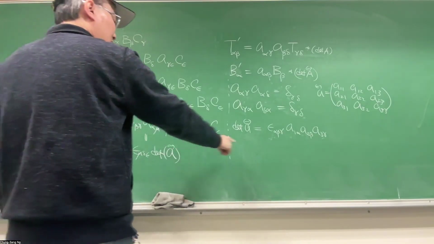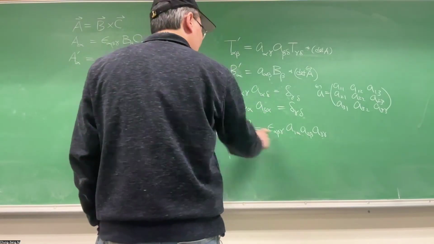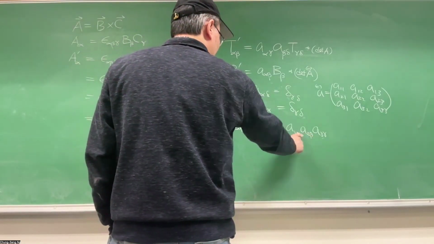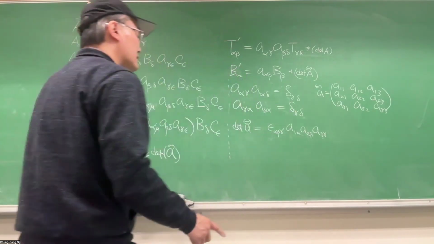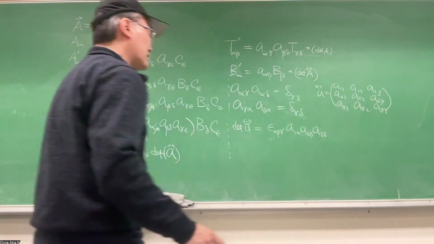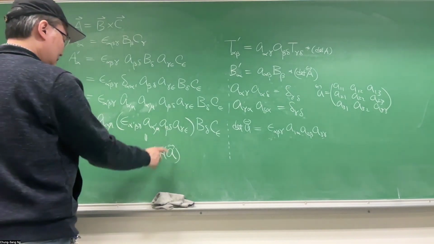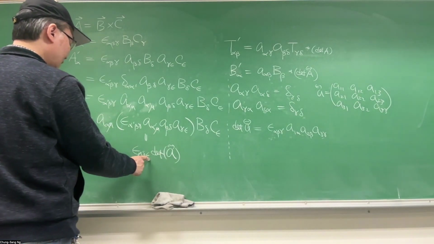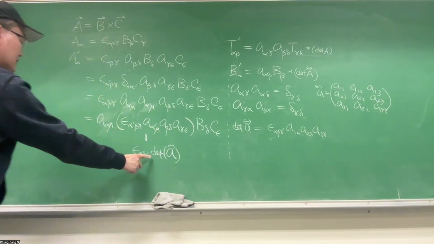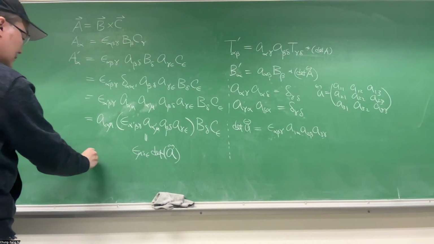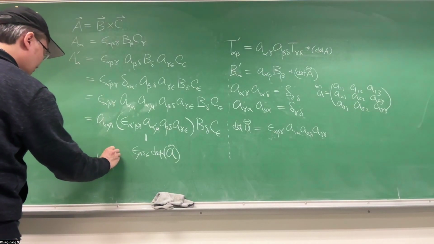If mu and delta are the same, meaning alpha and beta are the same, then that will give you 0. It's like two columns are the same, the determinant will be 0. So, okay, exchange this to this one.